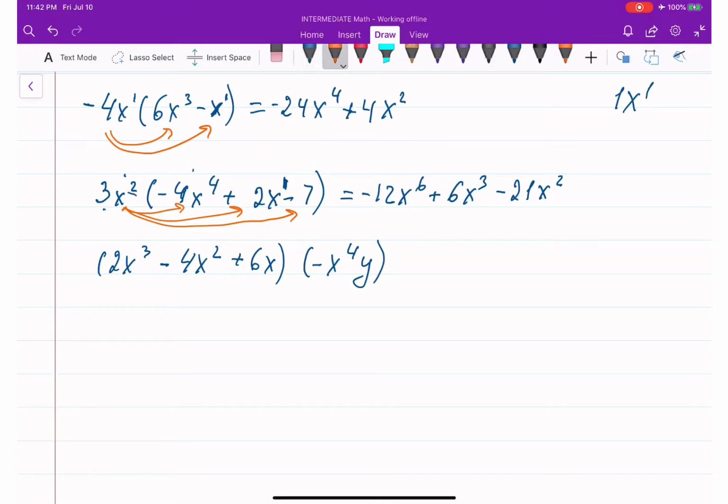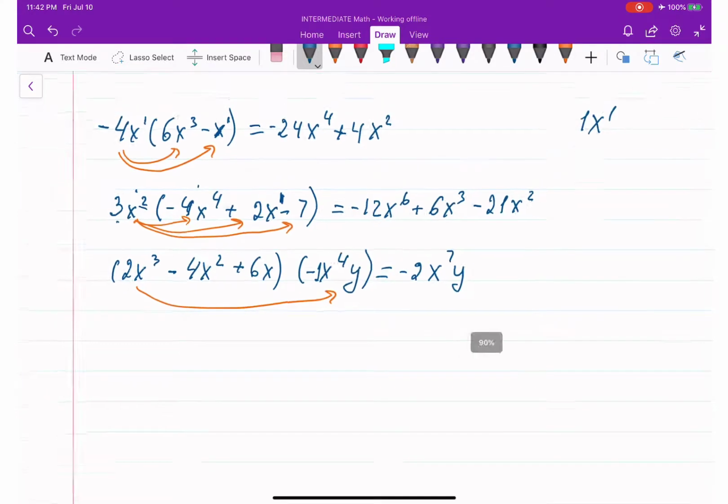First let's multiply 2x cubed by negative x to 4y. So that will be negative 2, because here we have negative 1, right? So negative 2, x cubed times x to 4 will be x to 7. We are adding exponents. And y doesn't have anything else, just add 1, y here.